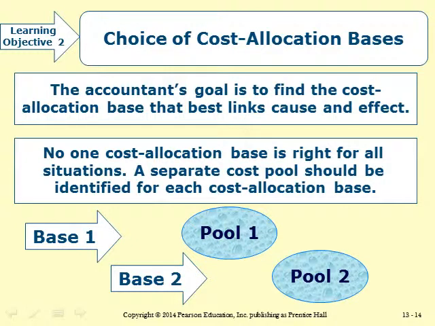If a department identifies more than one cost allocation base for overhead costs, it should accumulate a separate cost pool for each cost allocation base and put each overhead cost into the appropriate cost pool. In practice, such a system is too costly for many organizations. Instead, these organizations select a few cost allocation bases to serve as a basis for allocating overhead costs. And so, again, there's no one exact right answer or way to do this.